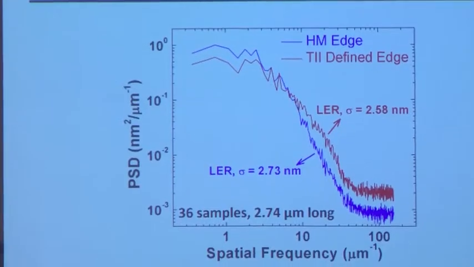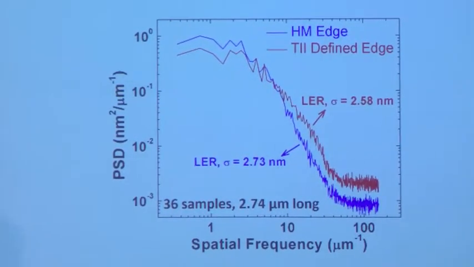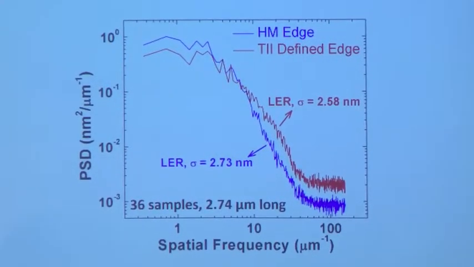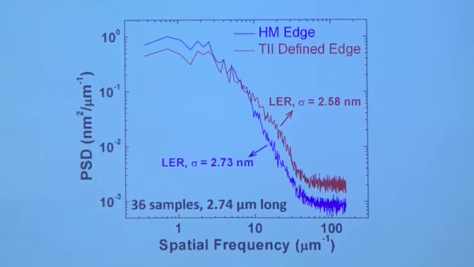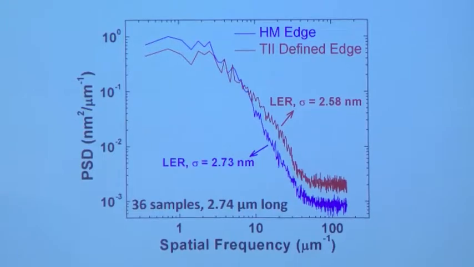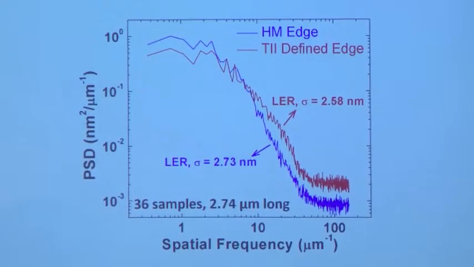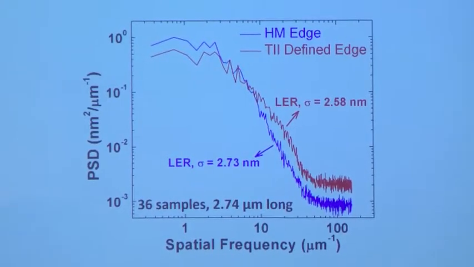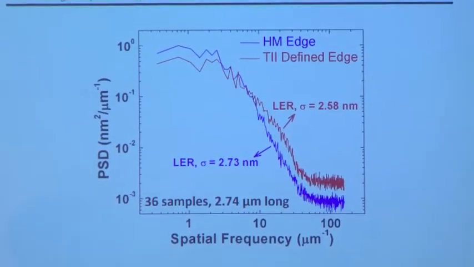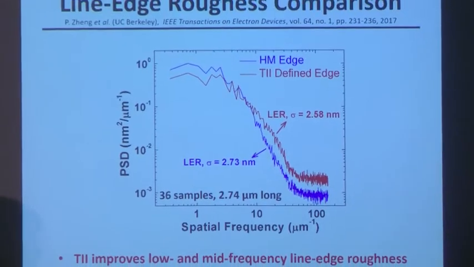But interestingly, line edge roughness is also a challenge for the industry today. If you have line edge roughness in a gate electrode feature, that leads to gate length variations, which affects the transistor performance. It leads to variation. So we'd like to have low line edge roughness, especially at the low spatial frequencies. At high spatial frequencies, it doesn't matter.